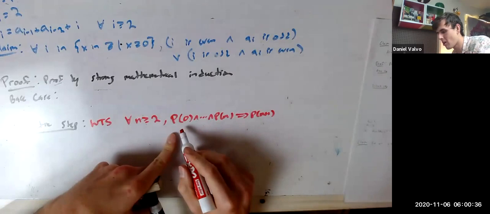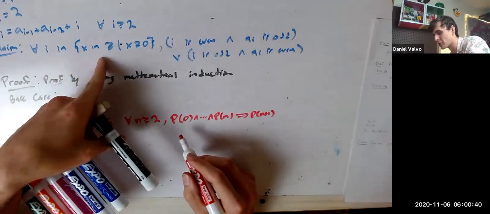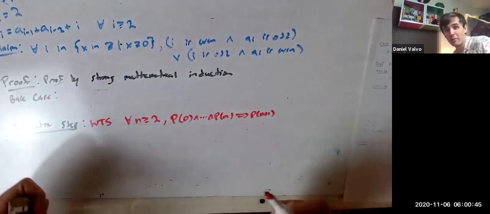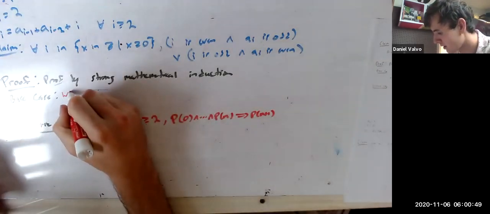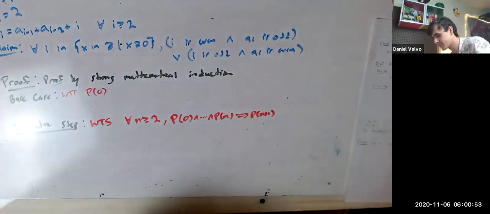Why do I start at P of 0? Well, because remember, we want to show this for all integers greater than or equal to 0. So in the base case, we're going to want to show P of 0 is true.